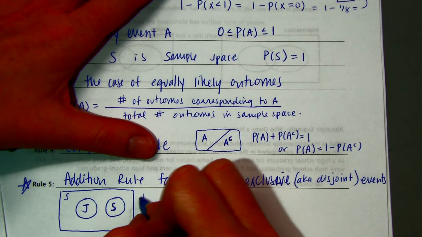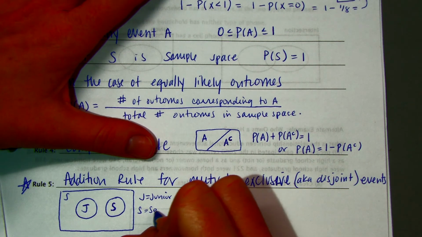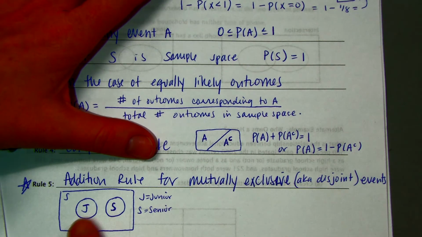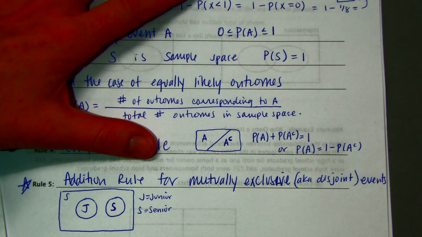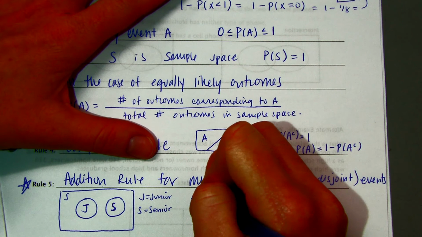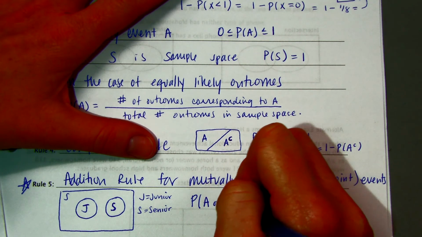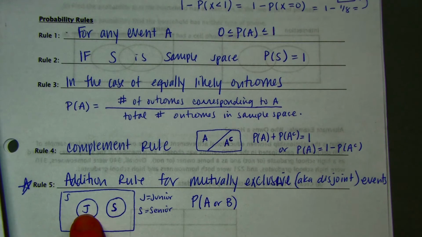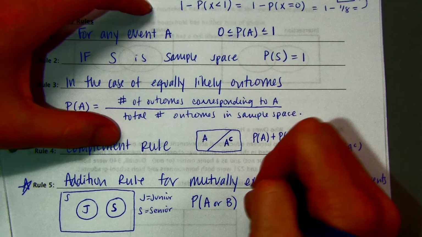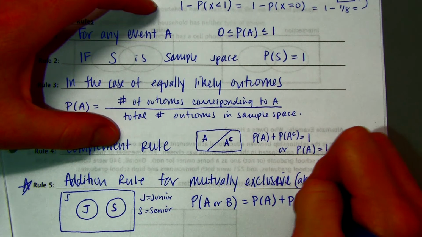So J is junior and S is senior. So these are considered mutually exclusive or disjoint events. So what the rule says is that if you want the probability of A or B, if I want to be a junior or a senior, I take the probability of A plus the probability of B.